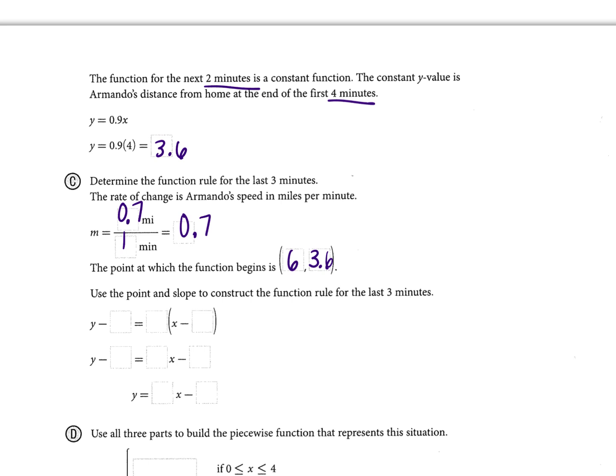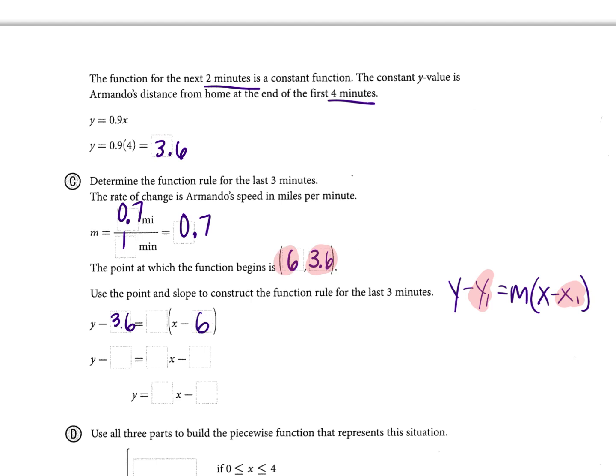Use the point and slope to construct the function rule for the last 3 minutes. This is point slope form, using y minus y1 equals m times x minus x1. These two values come from the point. So the point we have, the y value in that point is 3.6, and the x value in that point is 6.